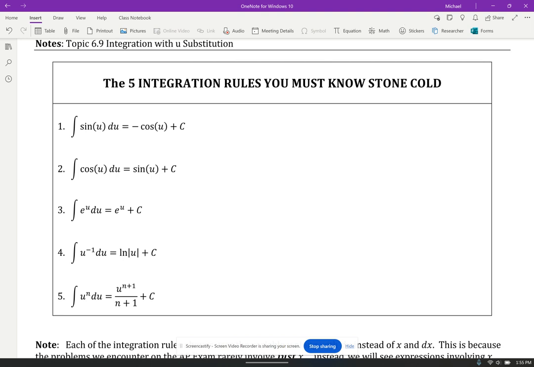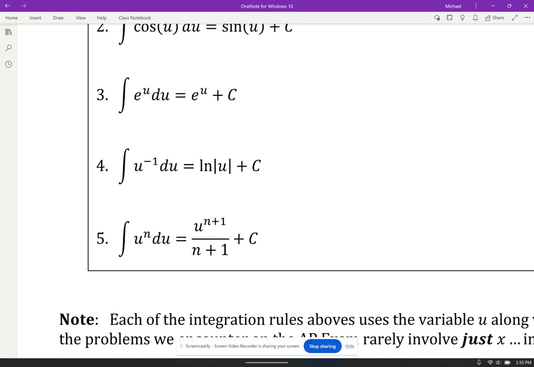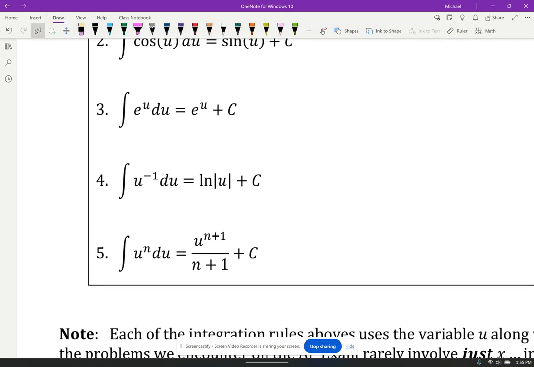The antiderivative of u to the negative 1, which, by the way, can also be written as the antiderivative of 1 over u du, is going to be the natural log of the absolute value of u plus c.